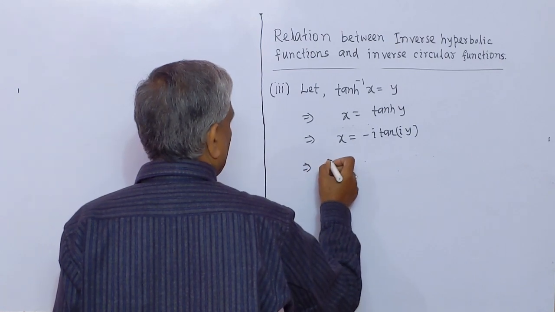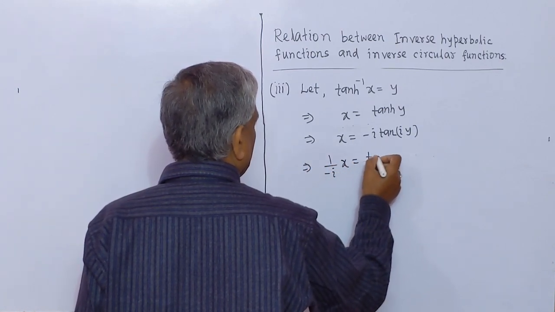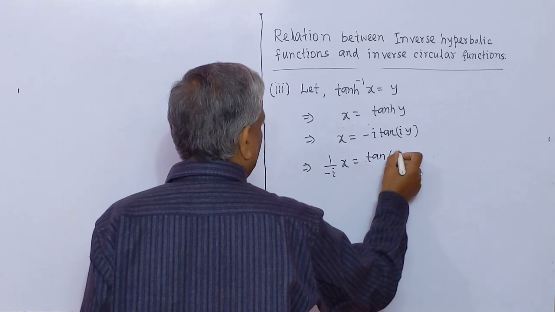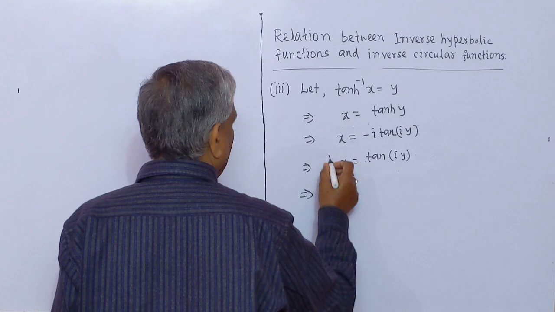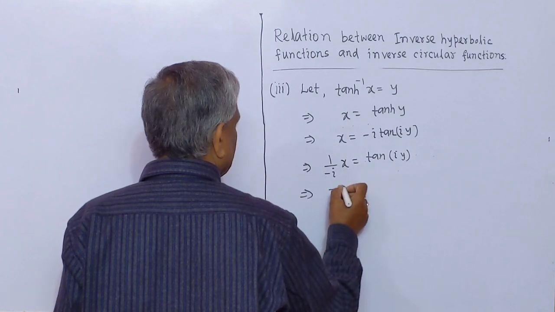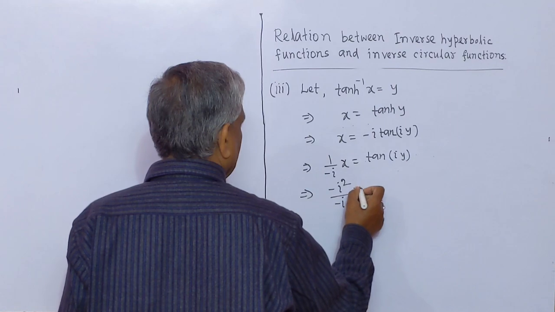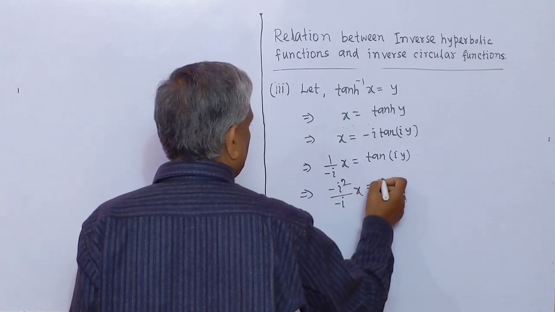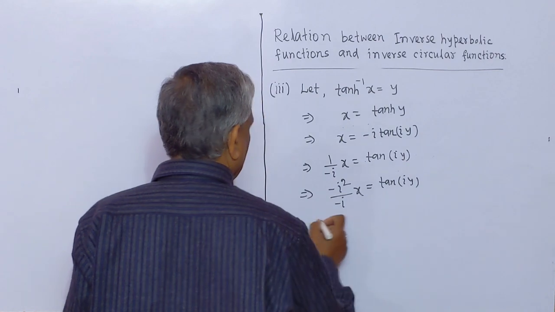This implies that 1 by minus i x equals tan iy, and 1 means minus i squared by minus i, so i x equals tan iy.